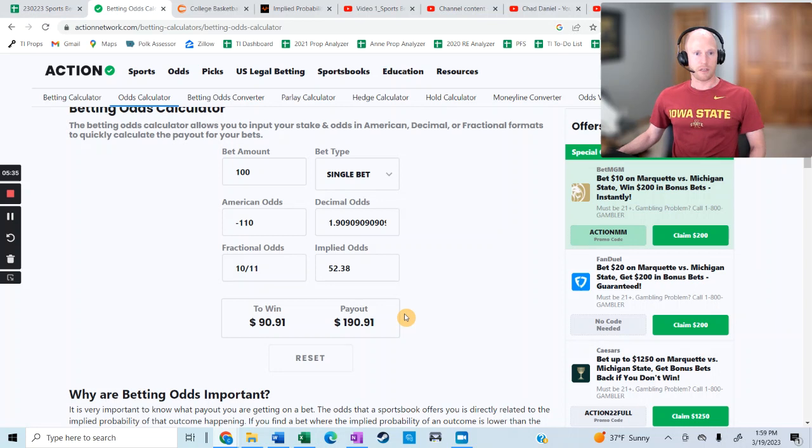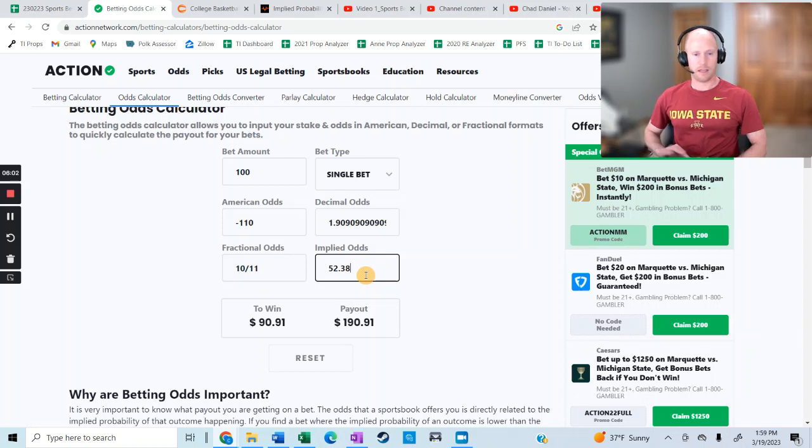Another really interesting thing I like to look at is the implied odds. So you can enter the American odds here, and it'll tell you what percentage of the time that team is implied to win. And the implied odds do not assume there's any casino cut in this.